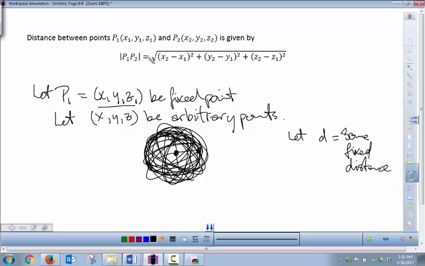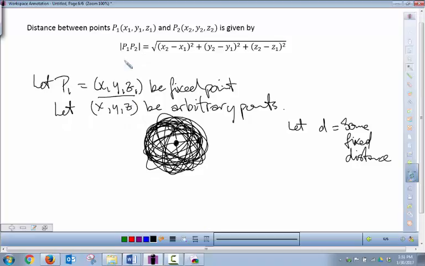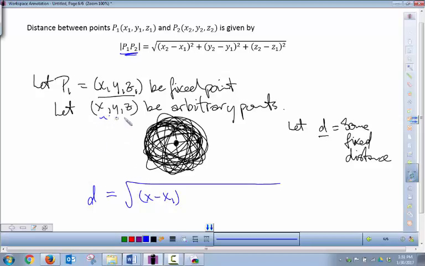So if we put that in this equation, this is your fixed distance, d. So let d be some fixed distance, equal to the distance between these 2 points, the square root of (x minus x1) squared plus and so on. Now x is arbitrary, so these points are going to be every single one of the points that you drew.